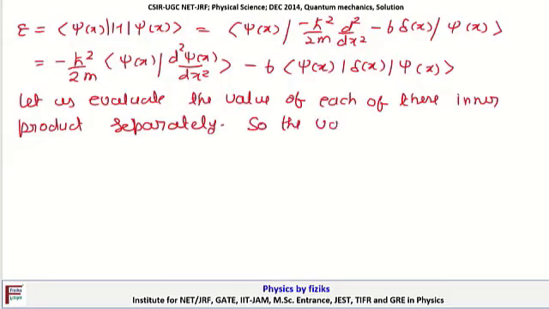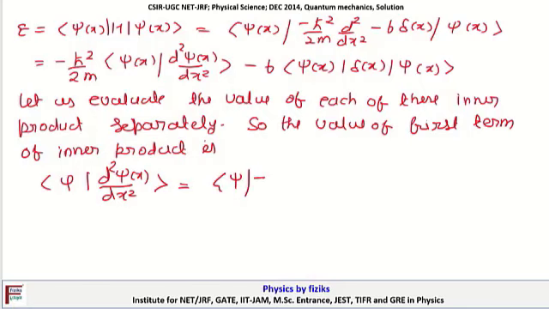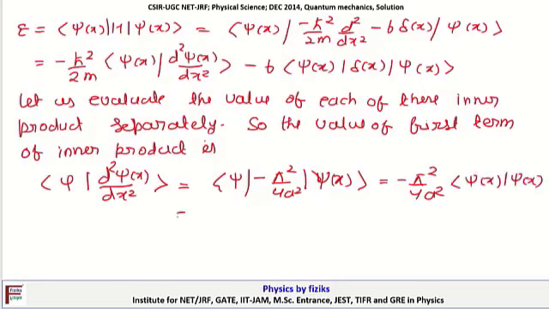So the value of the first term of the inner product is psi d square psi by dx square, which equals psi minus pi square by 4a square into psi of x, which equals minus pi square by 4a square psi of x into psi of x, equals minus pi square by 4a square.